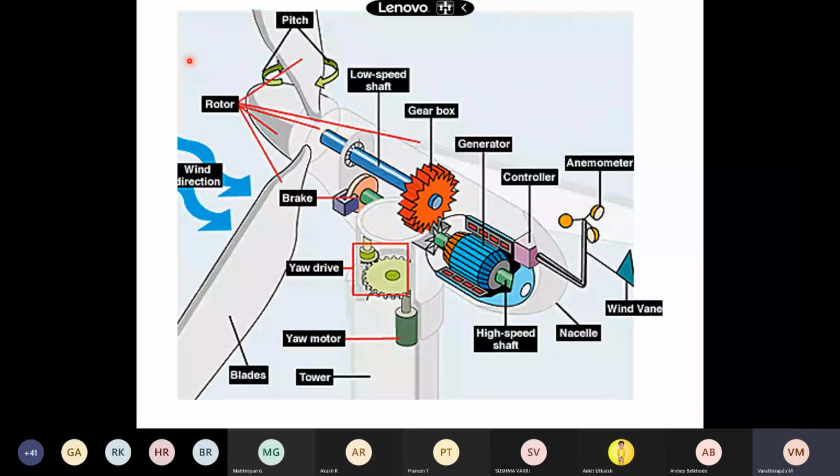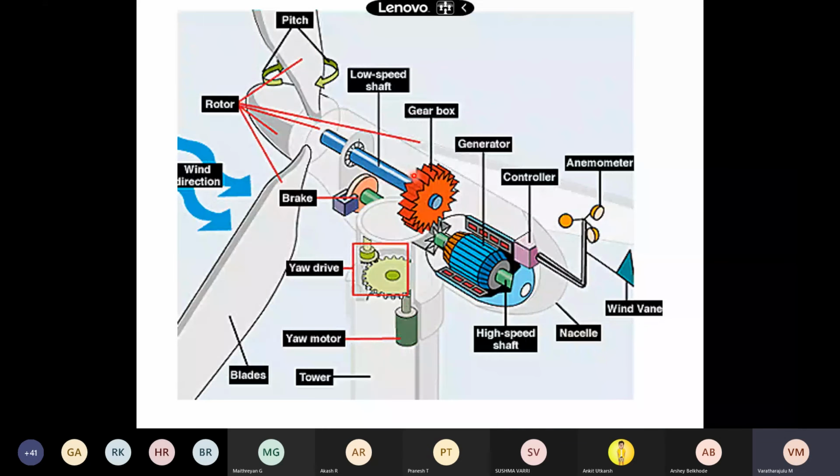And the other nomenclature: see, the long shaft is provided, and the various blades are mounted on the long shaft, and at the end of the shaft we have the gearbox, and by transferring the power from the larger gear to the smaller gear, we can increase the RPM.